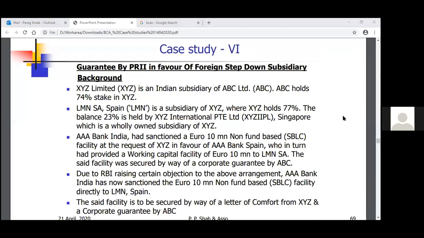LMN is the foreign joint venture where the Indian subsidiary company holds 77%, and 23% is held by another Singapore company, which is also a subsidiary of the Indian subsidiary company. Go to the next slide, please, which shows you the pictorial position.